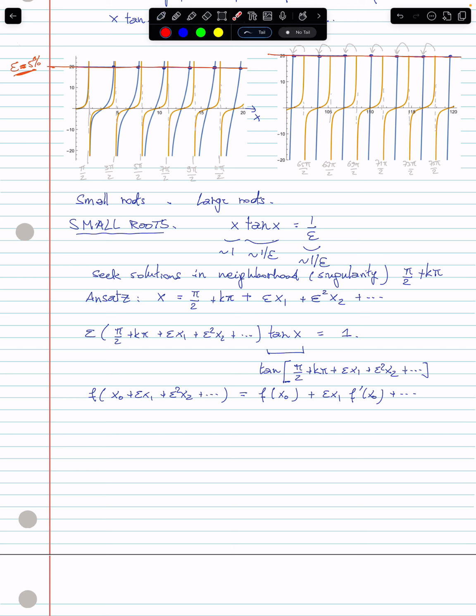If we just replace the argument of the tangent by this x0 here, you see that we end up hitting exactly the singularity, right? So tangent of pi over 2 plus k pi is exactly where in the tangent of x we have this singular behavior. There's no way, and I can just write it this way to make sure you don't forget that it's something we can't do.